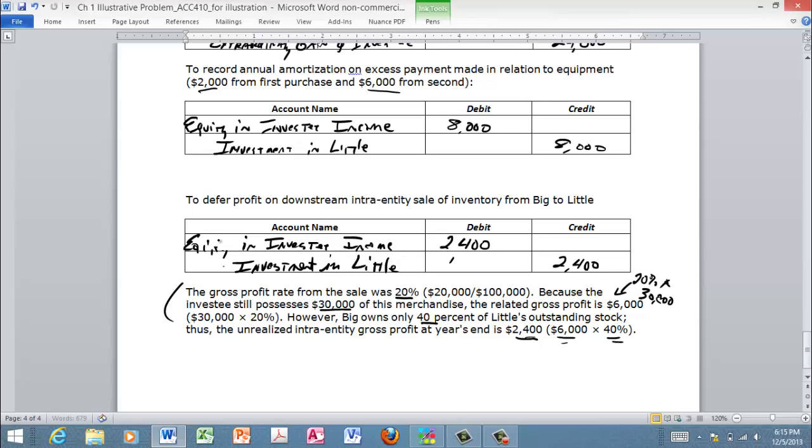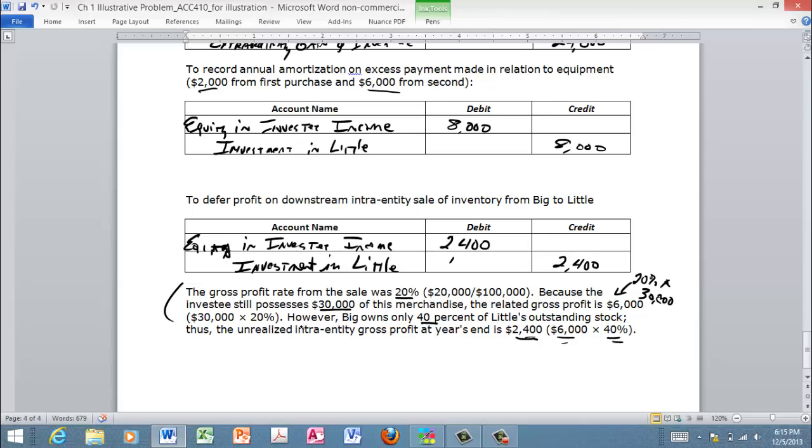Okay, as you might guess, what I need to do as an accountant for Big is keep a roll forward, probably a spreadsheet, because I'm going to have more than one equity investee, typically. If you're a large company, you may have dozens of these things.